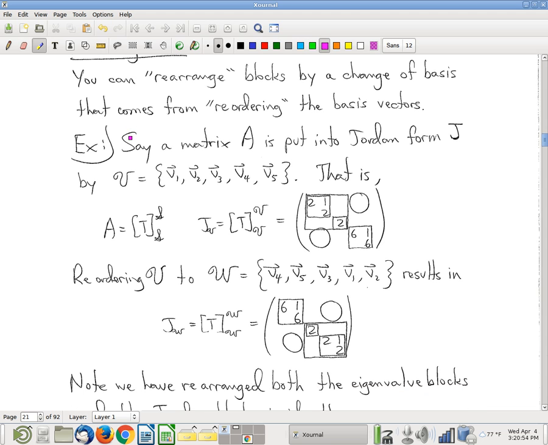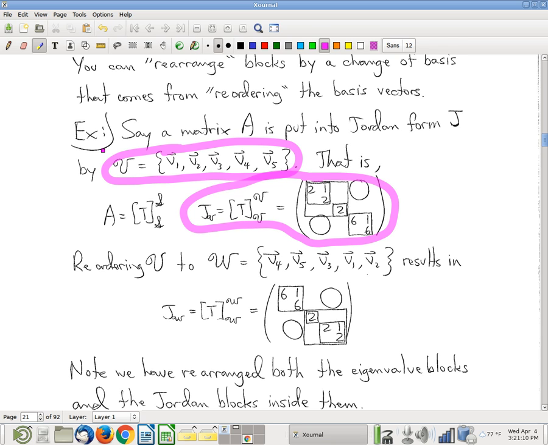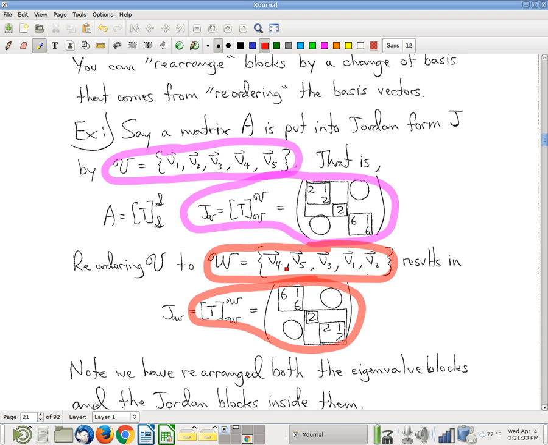So, by rearrangements, we noticed last time that if you have a Jordan form matrix that represents some linear transformation T with respect to a certain basis, and you simply reorder the vectors in the basis, so don't change any of the basis vectors really, just move them around, to get a new basis of the same vectors in a different order, then you can compute the corresponding matrix, and in this case, we got another Jordan form matrix, right?